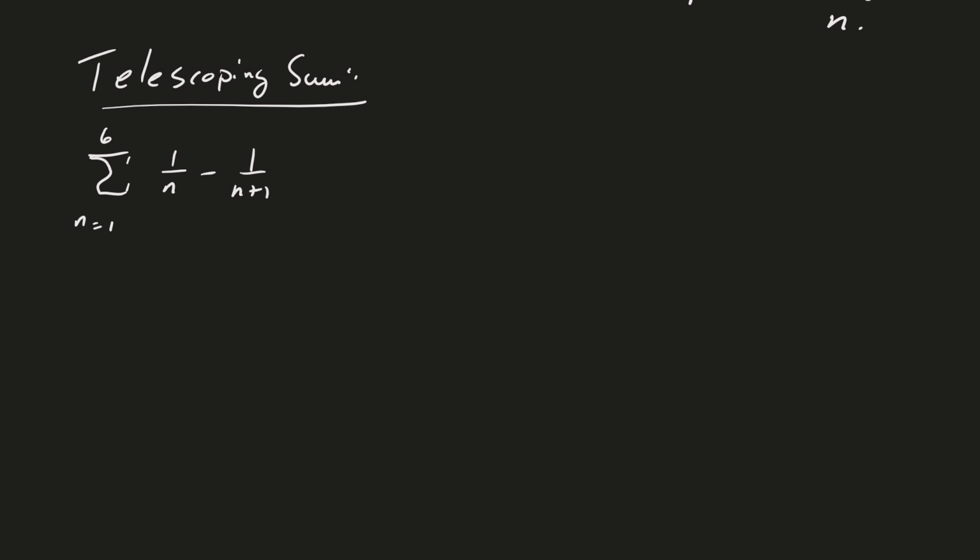Okay, and so let's see why this is called a telescoping sum. Let's go ahead and write down what our sum looks like. For n equals 1, we're going to have 1/1 minus 1/2, plus, for n equals 2, 1/2 minus 1/3, plus 1/3 minus 1/4.